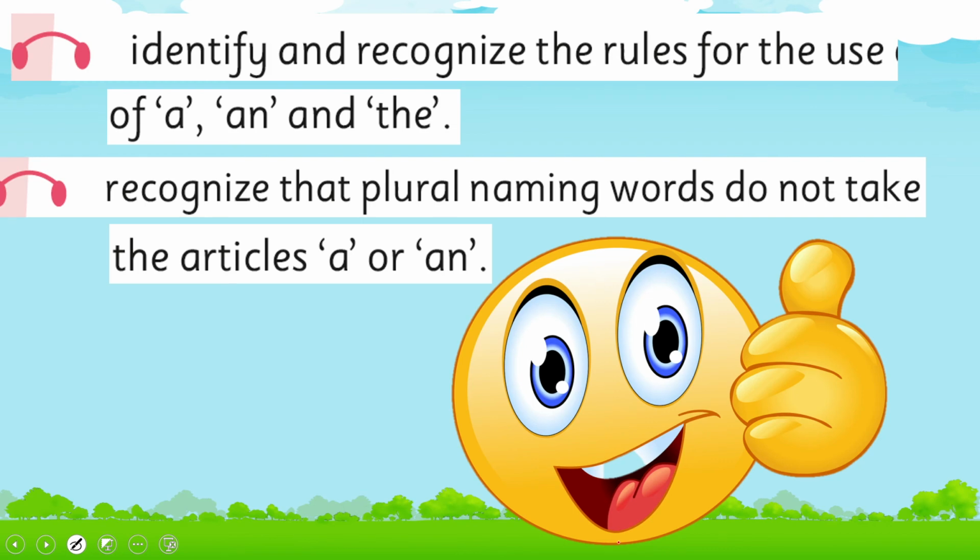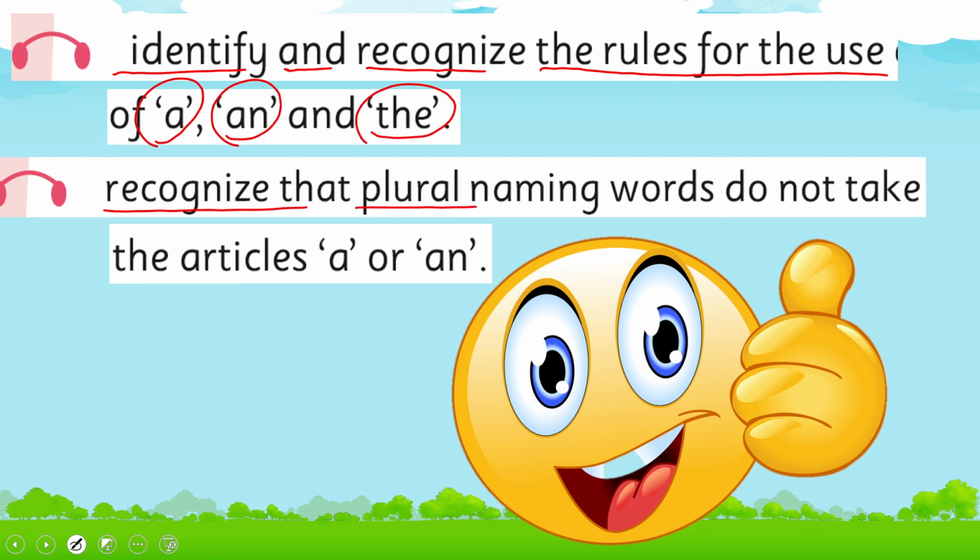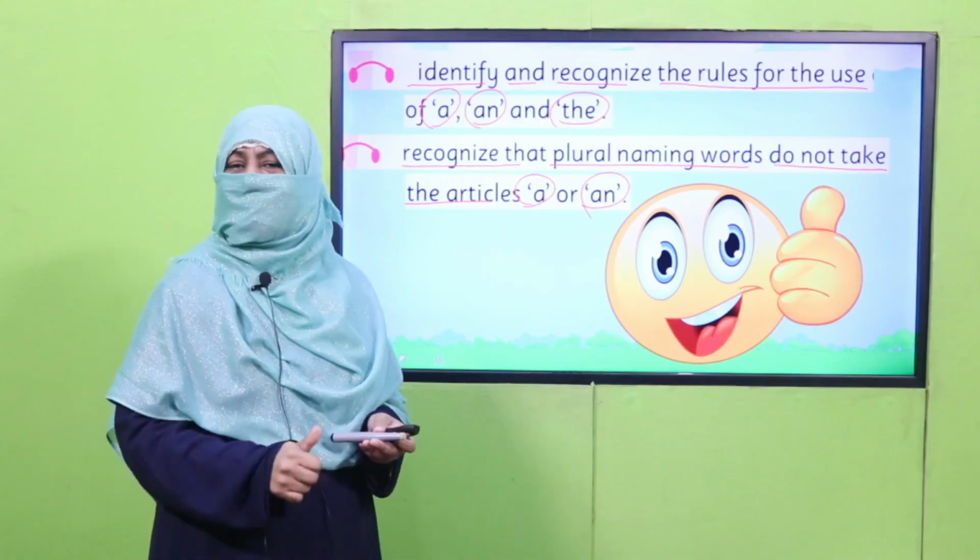So in this way, we achieved our today's SLOs, that is to identify and recognize the rules for use of a, an, and the, and to recognize that plural naming words do not take the article a or an. Are we done with it?